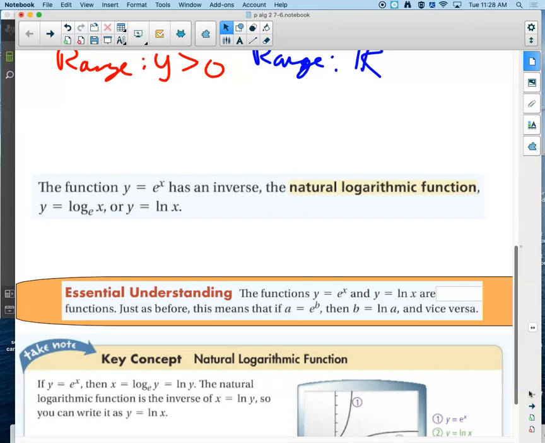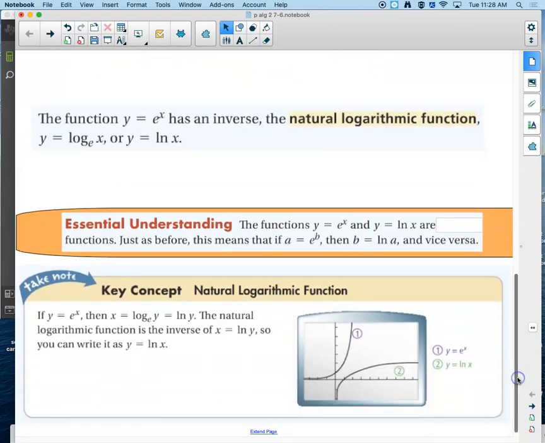So our essential understanding is the functions y equals e to the x and y equals the natural log of x. They're both going to be functions. They'd pass the vertical line test. Just as before, this means that if a equals e to the b, then b equals the natural log of a, and vice versa. So if we snail shell it, it should work.